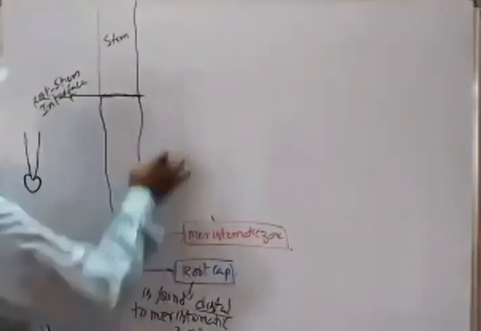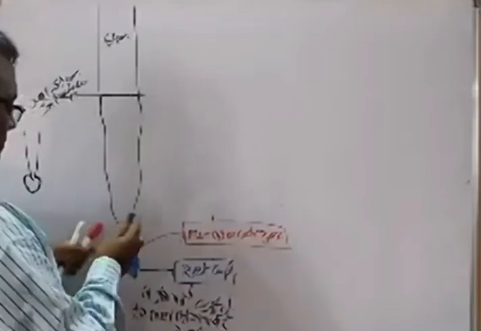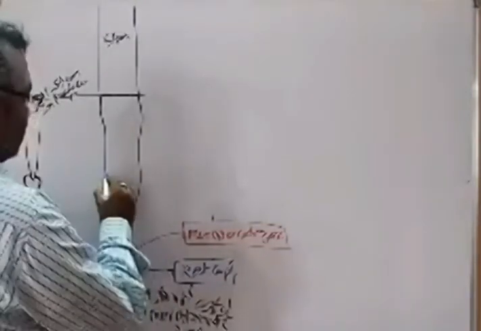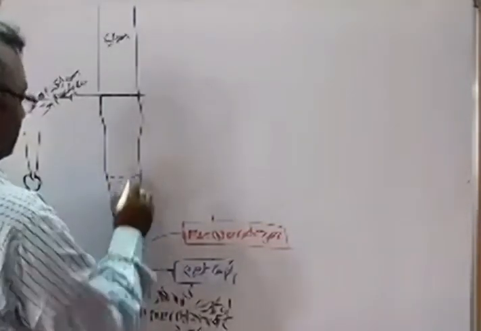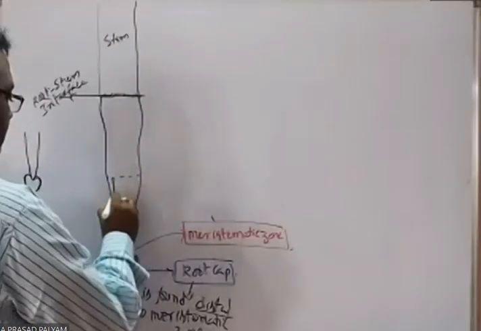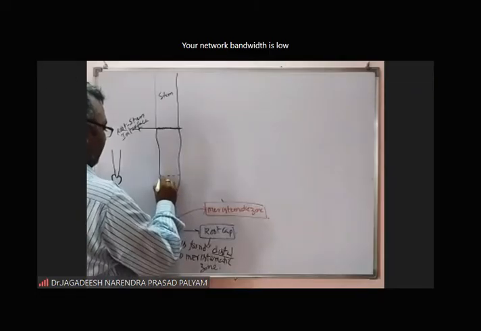Proximal to the meristematic zone. Now this is the proximal to the meristematic zone. It is the zone of elongation.